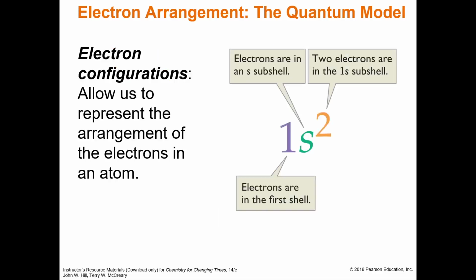Alright, so this is an electron configuration. This allows us to represent the arrangement of the electrons in an atom. And so what we do is it's an address for our electrons. So we're on the first floor, we have the S room, and there's 2 electrons in that desk.